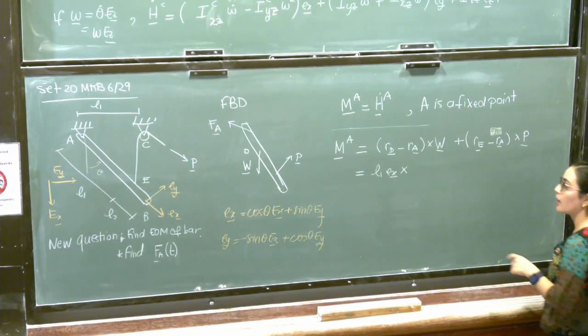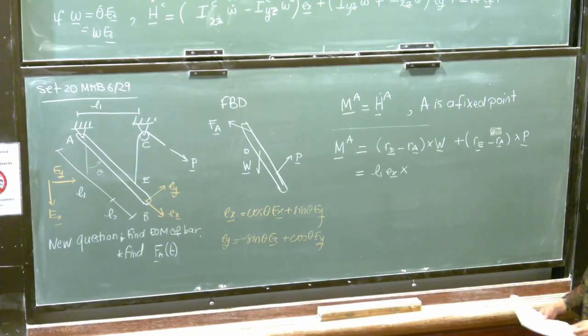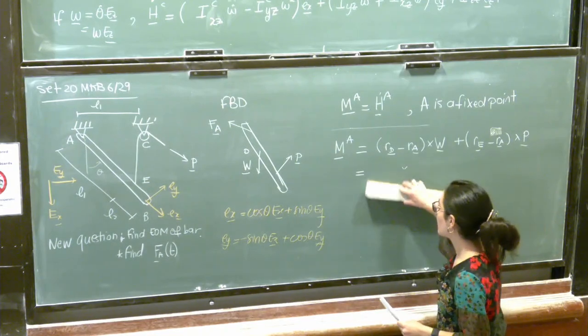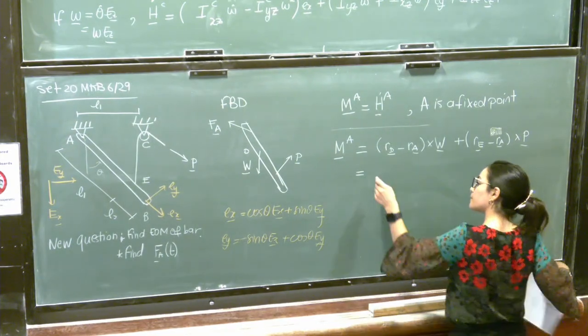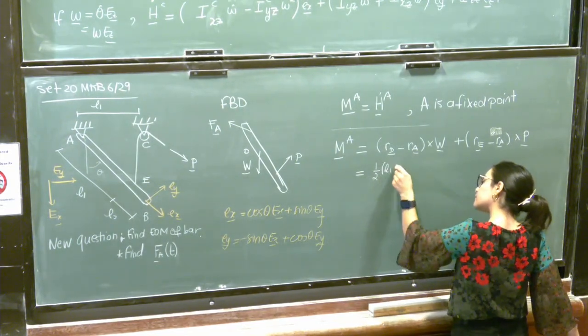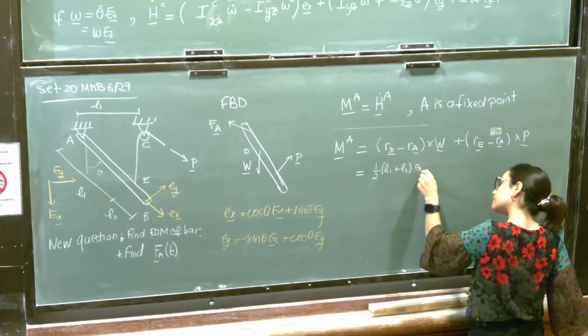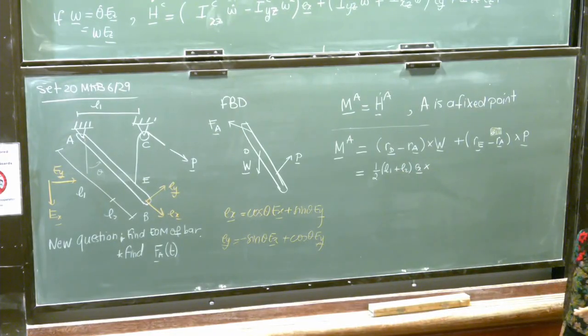Yes. No, the weight, oh, RD minus RA, right. So half L1 plus L2, you're right. What's the weight? What is it? mgEx.